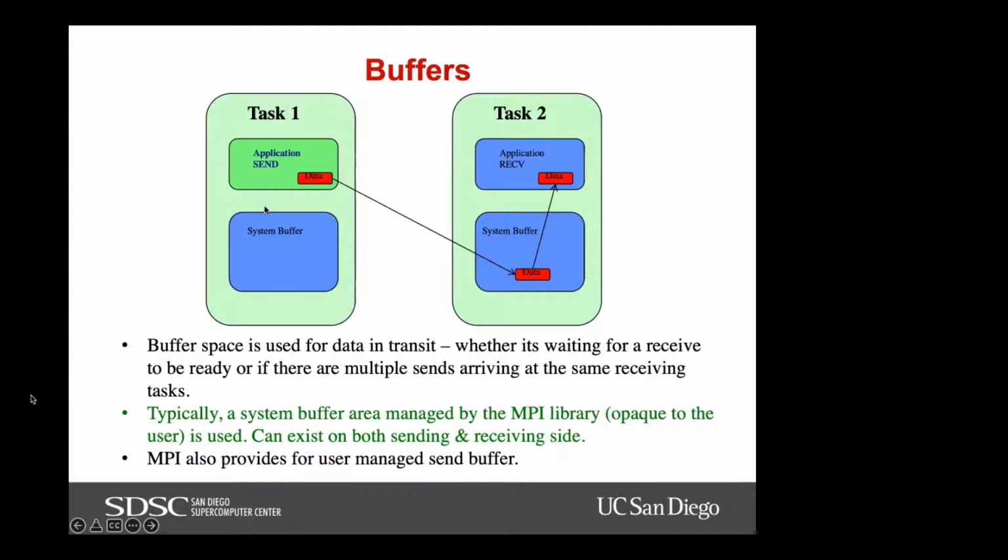But in all cases, the buffer is where the data in transit is managed. Say task 1 is sending to task 2: it doesn't send it directly to the other application. Usually it goes to a system buffer, and then it's read by the application on the other side. Now, some of these one-sided communications directly write into buffers, but I'll leave that alone for now.